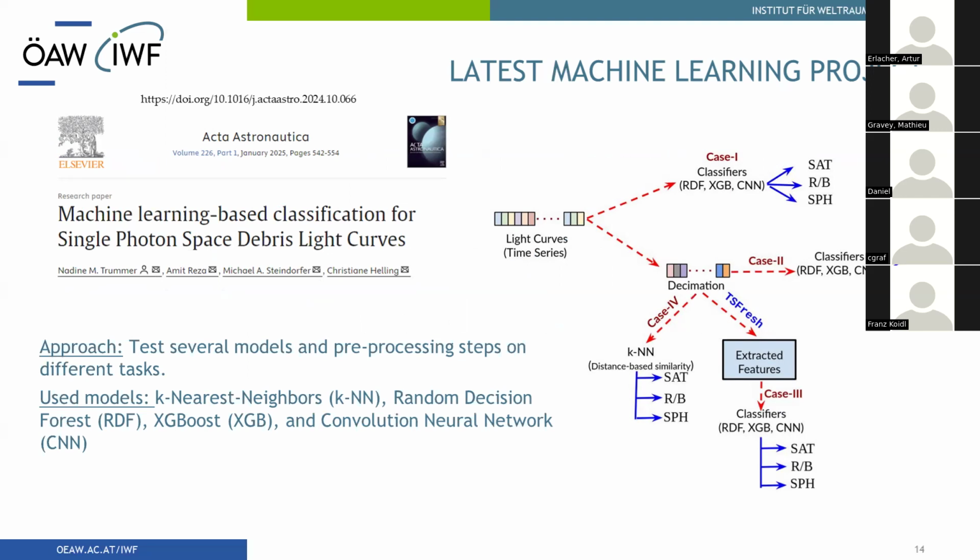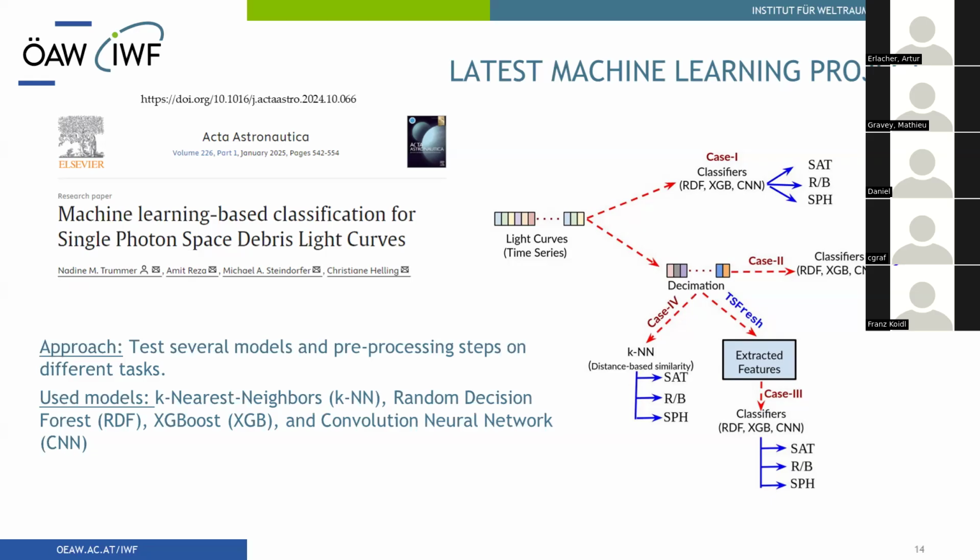Our approach was to test several models and also pre-processing steps on the different tasks. Here are the models we used. I'm not going to go through the whole figure, but I want to point out a very interesting branch.